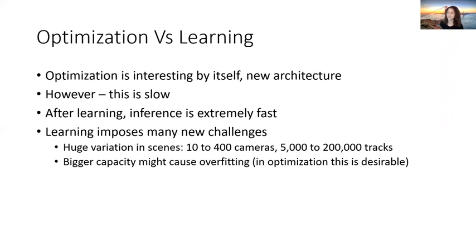The first one, the task is different. NeRF does novel view synthesis. It doesn't create a 3D structure. In fact, to get the 3D structure from NeRF is quite a lot of work. It's not trivial. Since you integrate over densities, you can't really know what the object is. So it's a different task.